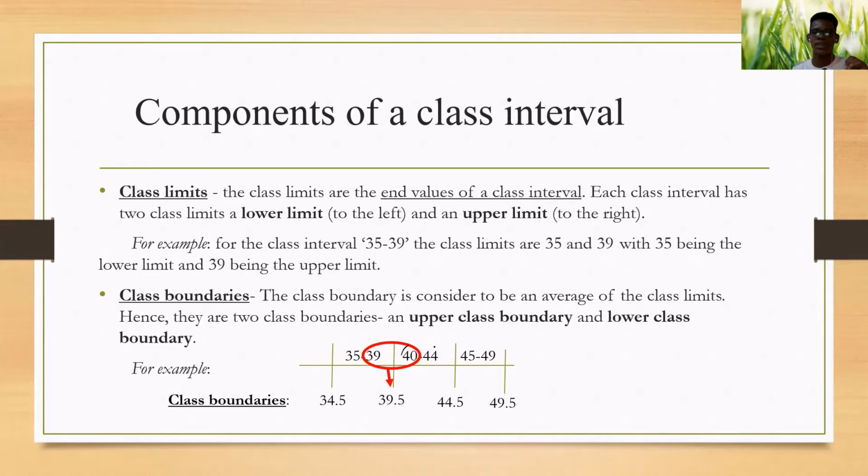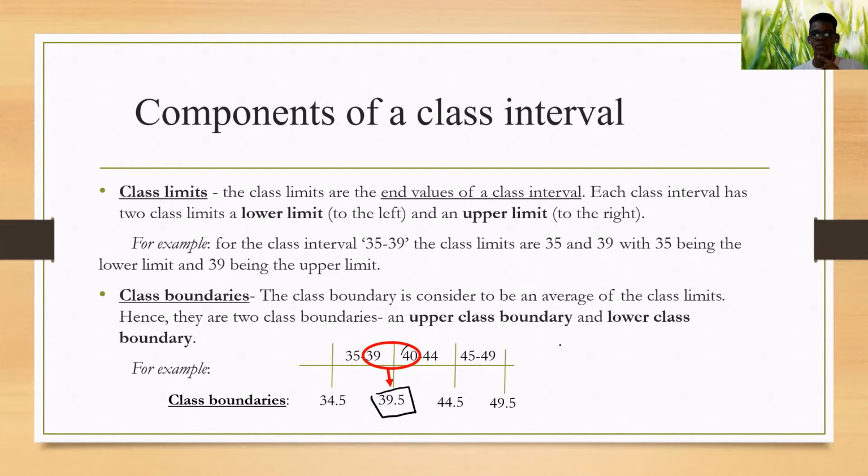Notice I didn't take 35 and 39. I'm taking class limits from two different class intervals, the upper limit for 35 to 39, and the lower limit for 40 to 44. If I find the average between these two values, it's going to be 39.5.